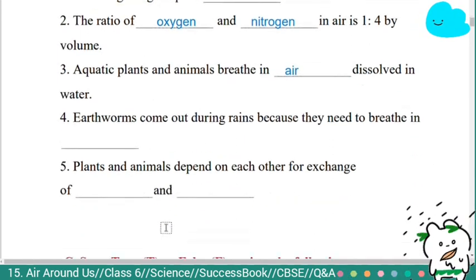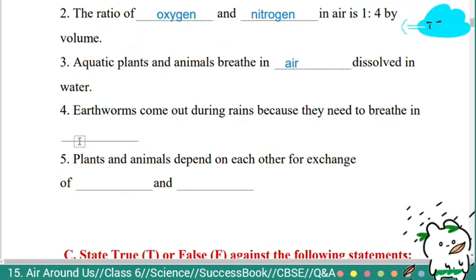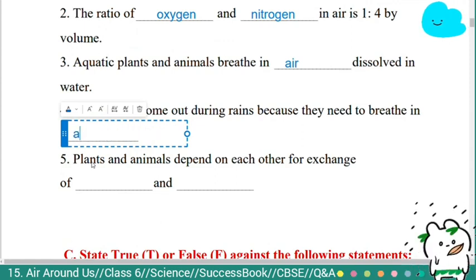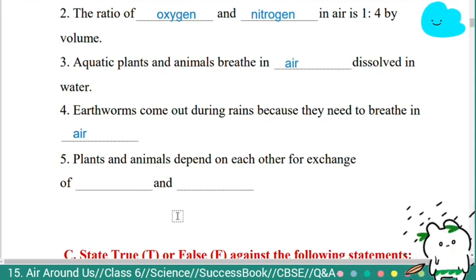Fourth, earthworms come out during rains because they need to breathe in dash. Earthworms come out during rains because they need to breathe in air.